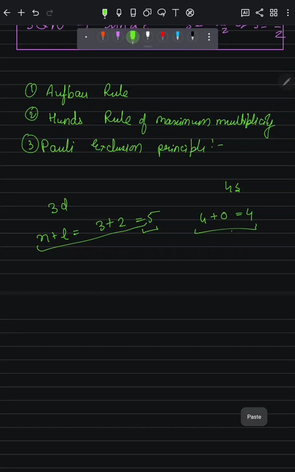So 4s is filled first compared to 3d, and in the electronic configuration 4s comes first and then 3d.